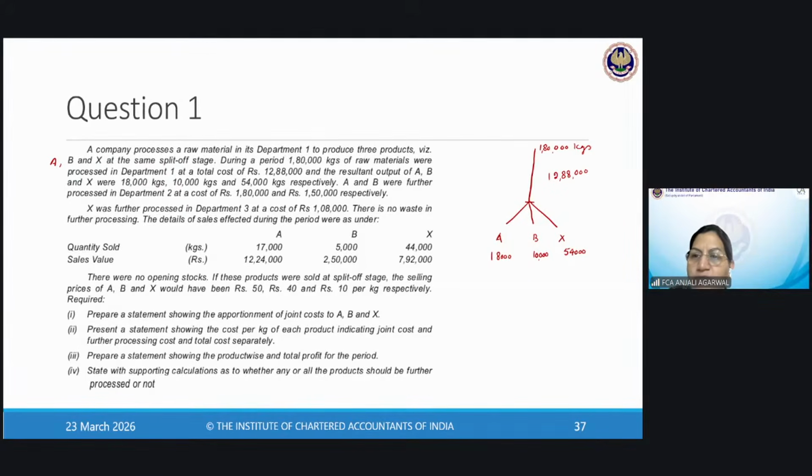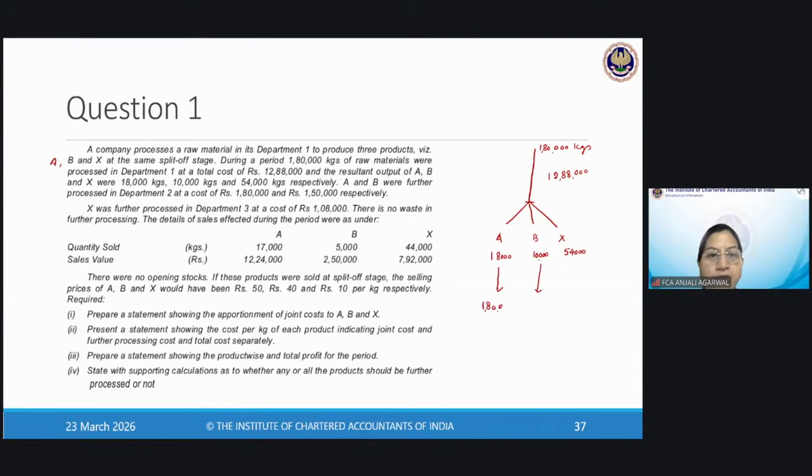Whereas the input was 1,80,000 kgs. So 98,000 kgs is lost. So maybe the physical measurement may not be an appropriate method because all processes may have different loss percentages. But A and B were further processed in department 2 at a cost of 1,80,000.